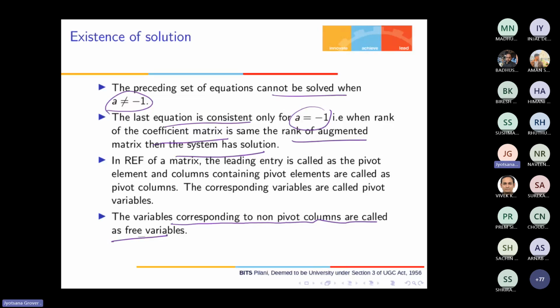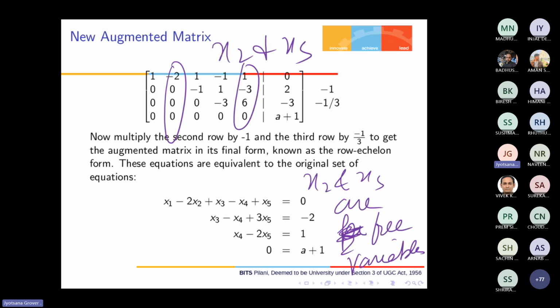And the variables corresponding to pivot columns are pivot variables. Pivot columns are the columns containing the leading entry. If any column in the REF contains the leading entry of any row, it is called a pivot column, and the variable associated with it is the pivot variable. Please make a note of it.